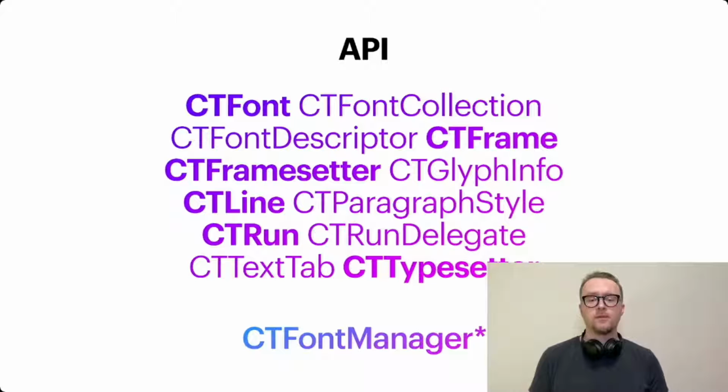There's also CTFontManager. I would like to cover this part, but it's a very broad topic, and font management can be complicated, so this won't be part of this talk.